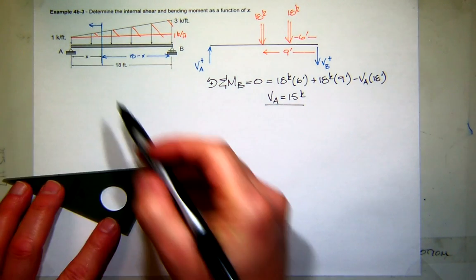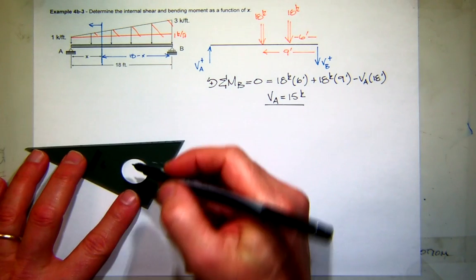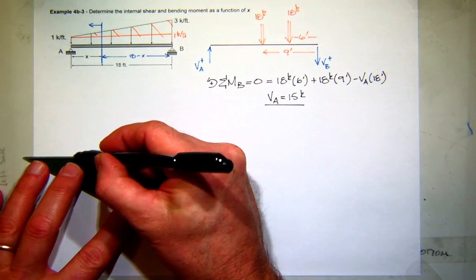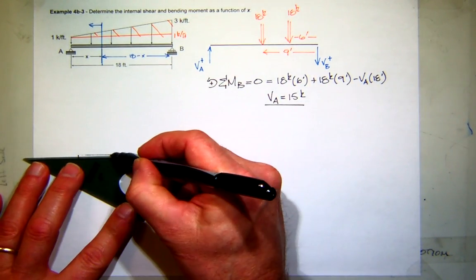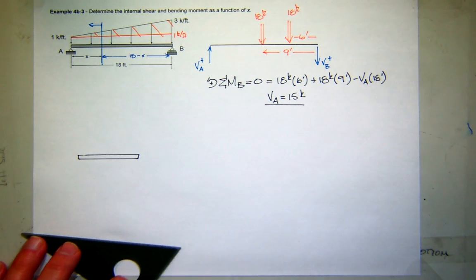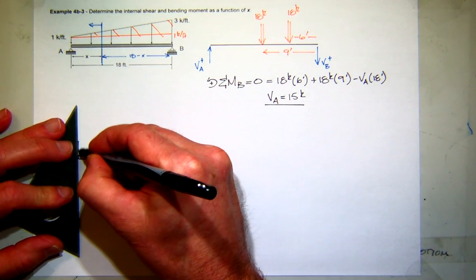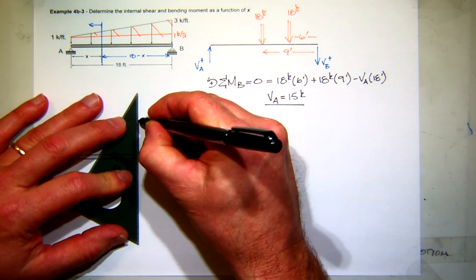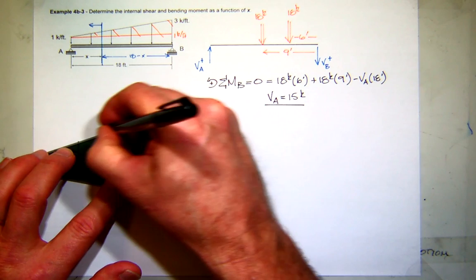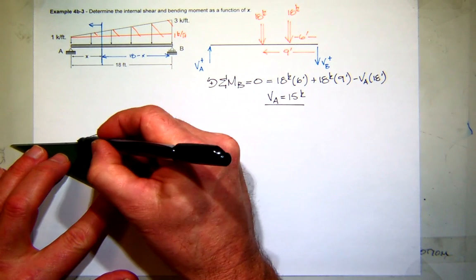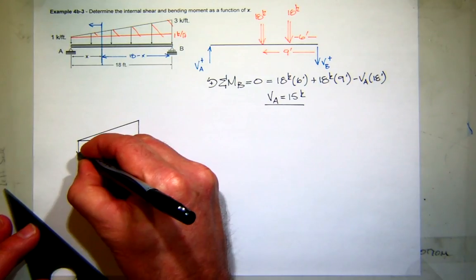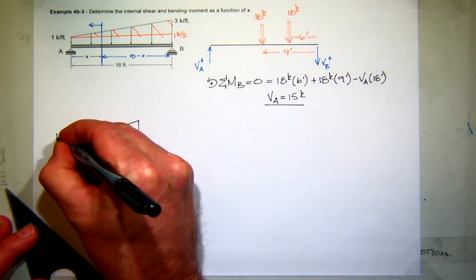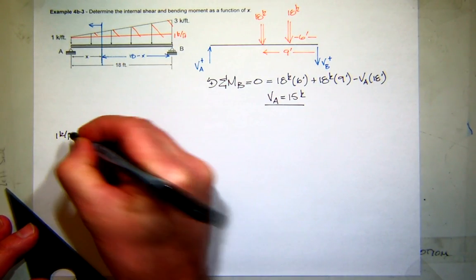Okay? So now let's do a free body diagram of that piece. I'm going to try to make it a little bit bigger so we can see it, because I'm going to have, and I'm exaggerating the distributed load just so you can see all the pieces. So I know at this end that load is 1 kip per foot.